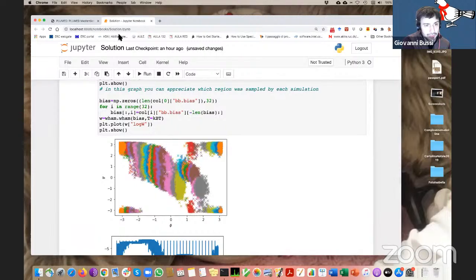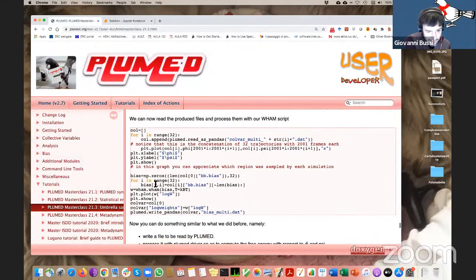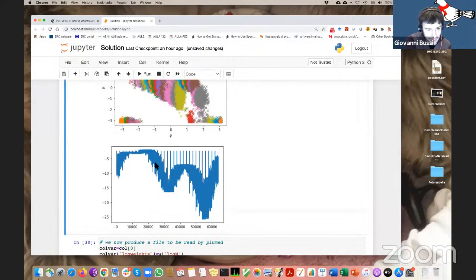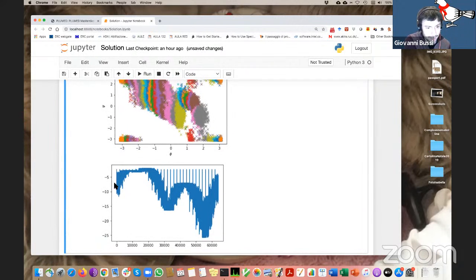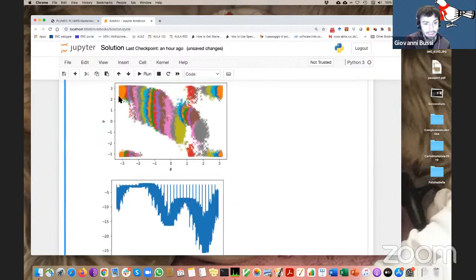This second graph was also suggested here, yes, the logarithm of the weight. This is giving the logarithm of the weight of each snapshot, and you see clear trends. So how should I interpret this graph? At the beginning, I have the weights of the snapshots that come from the first simulation, the one where phi was restrained to be around -pi.